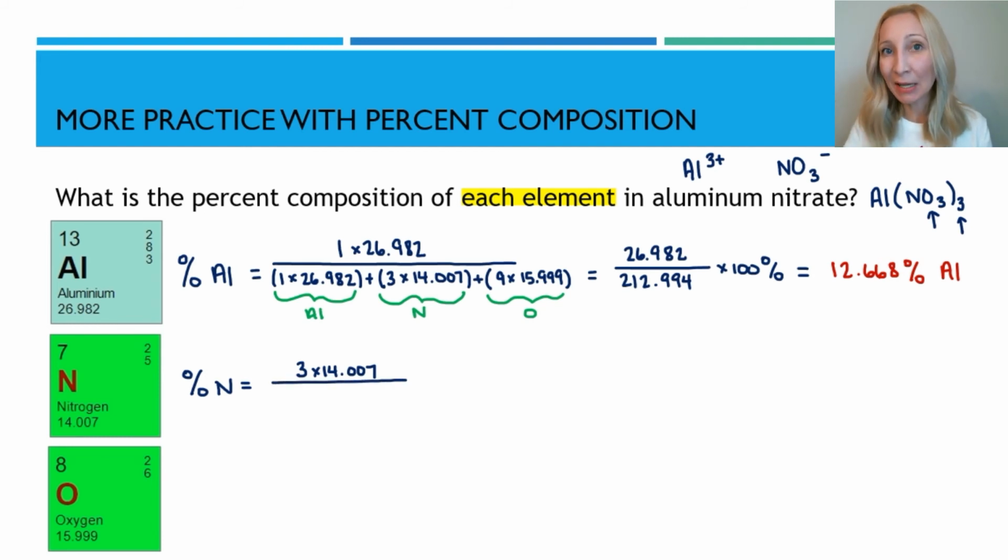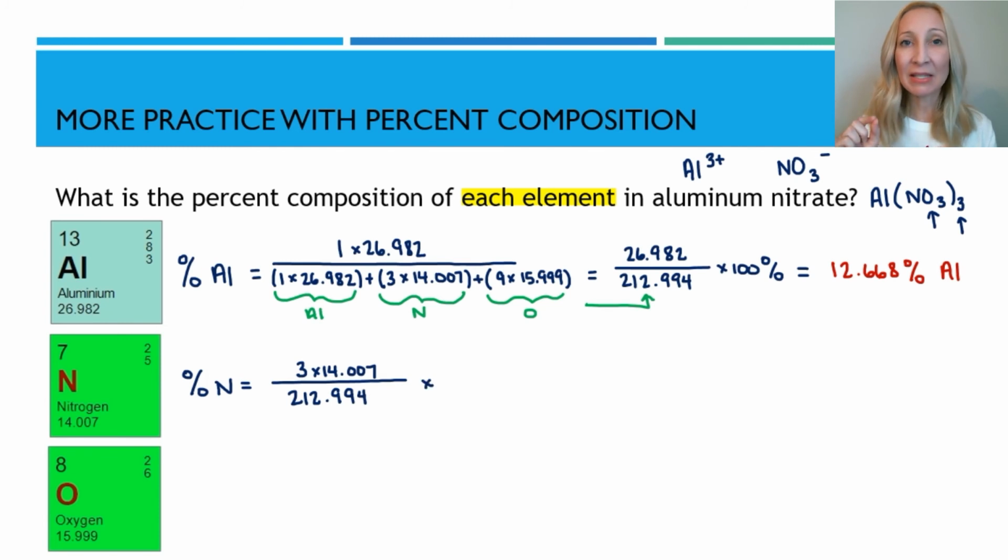Remember I said I was going to come back to that 212.994, so I didn't have to type in the entire denominator all over again. So that denominator is 212.994. So the nitrogen represents the 3 nitrogens times 14.007, and the denominator is that 212.994.